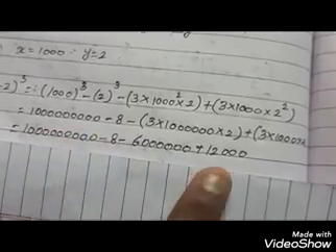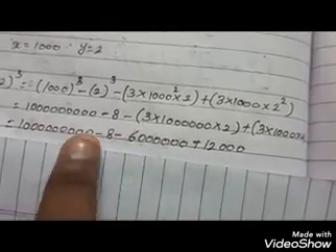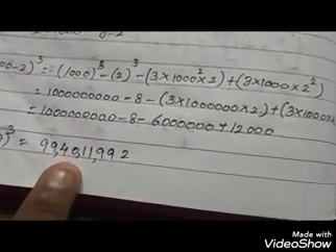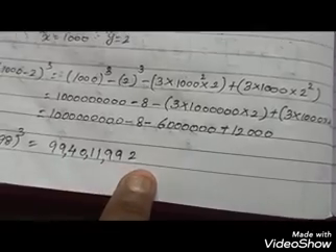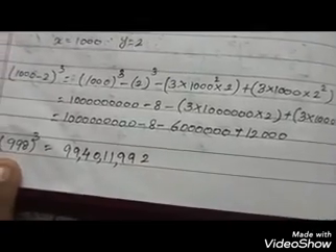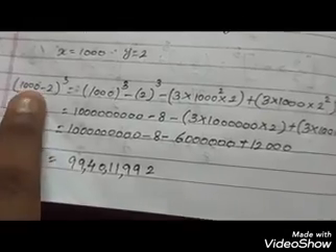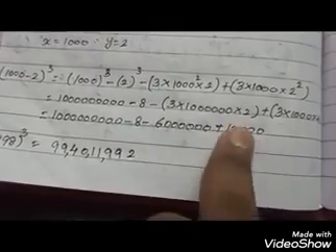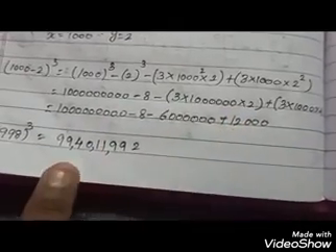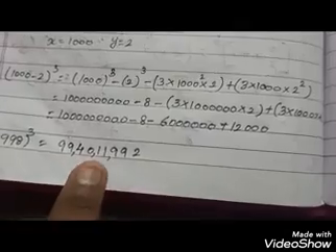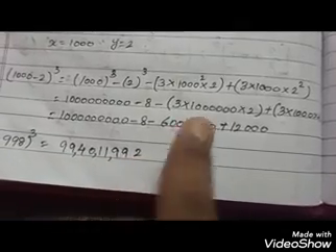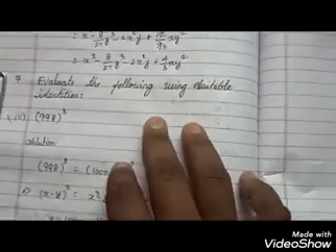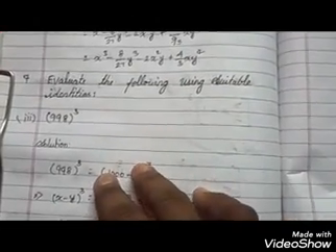You should subtract these two values, and you get 99 crore 40 lakhs 11,992. So this is the value of 998 cube, where 1000 minus 2 gives 998. You have to solve all the values, adding or subtracting normally. I will attach the worksheet on the basis of these questions. You have to do that on the day itself.